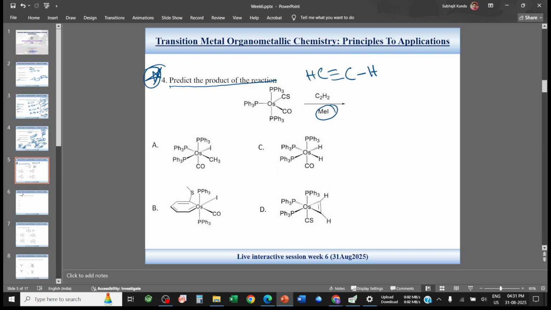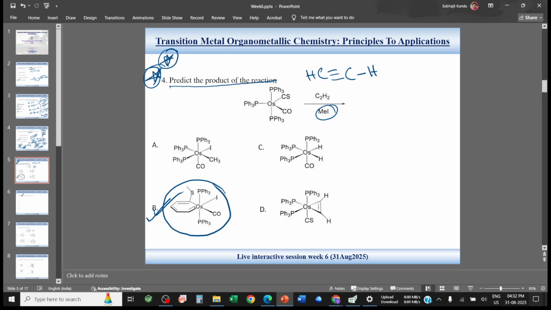Can it be option D? It may be option D, but as I said, this reaction is important, so the product will be option number B, because this compound is very important.